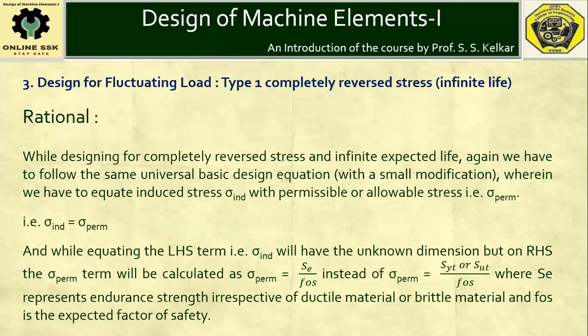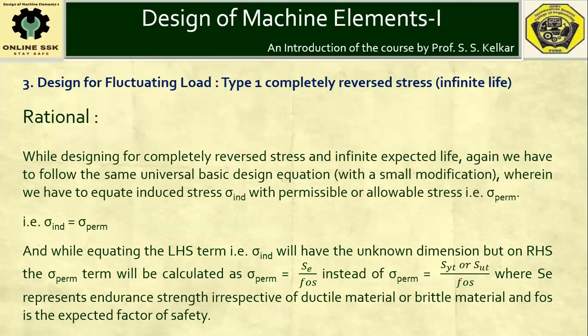Hence, whenever the machine part is subjected to completely reversed stress and the expected life is infinity, we again use the same universal design equation, sigma induced equated with sigma permissible, but with a certain modification.